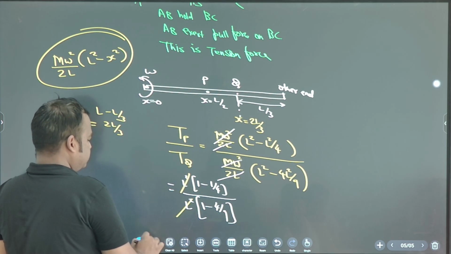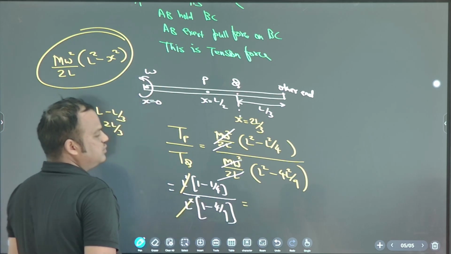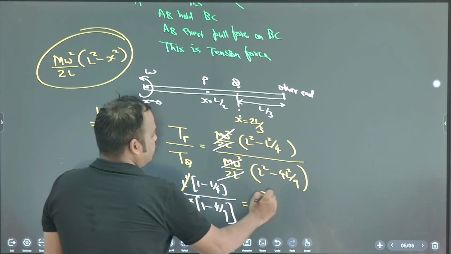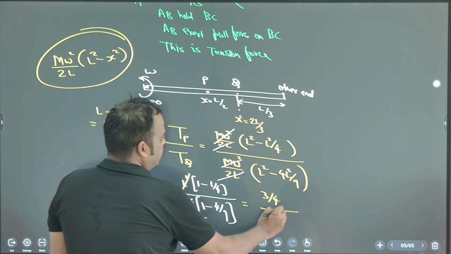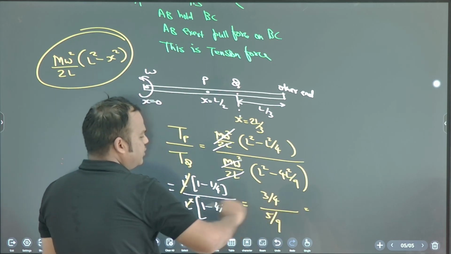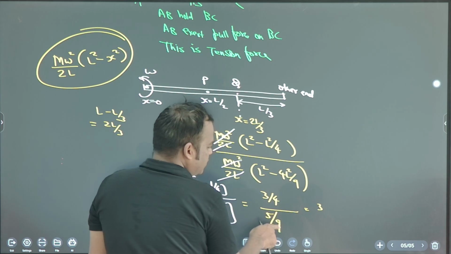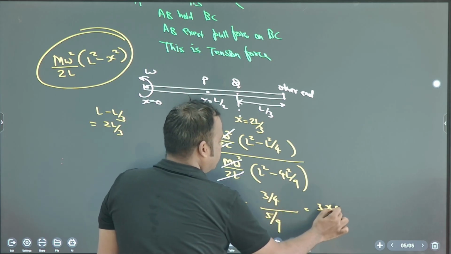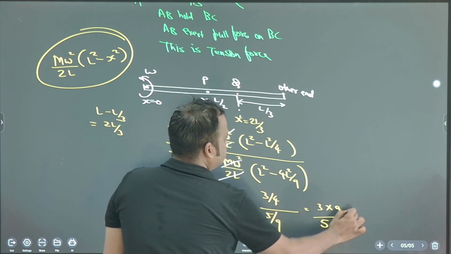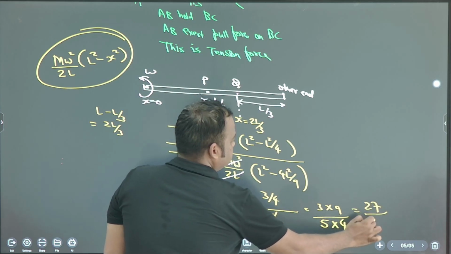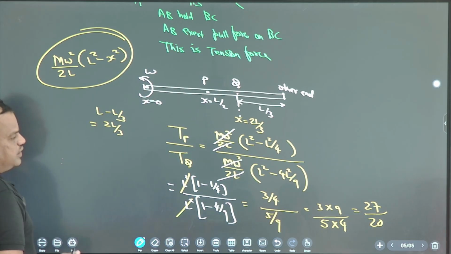Final answer: 1 minus 1 by 4 is 3 by 4. 1 minus 4 by 9 is 5 by 9. 3 by 4 divided by 5 by 9. 3 into 9 will go to the numerator, divided by 5 into 4. 27 by 20. Okay, clear?